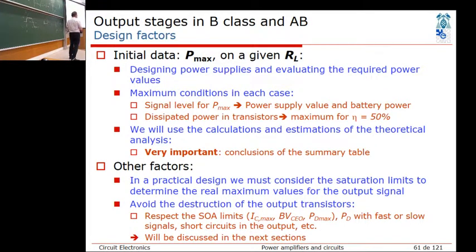Saturation limits, yes. How close to the VCC you can actually reach. And yes, that's a good design. Good also to avoid destruction of the output transistors. So there are these limits on datasheet. The maximum current limit.